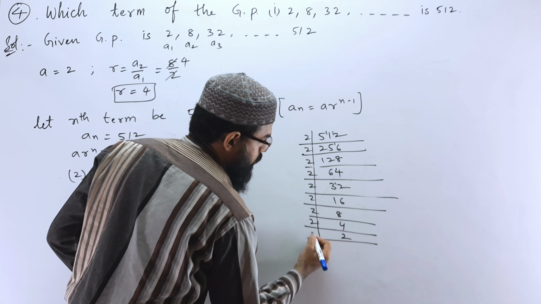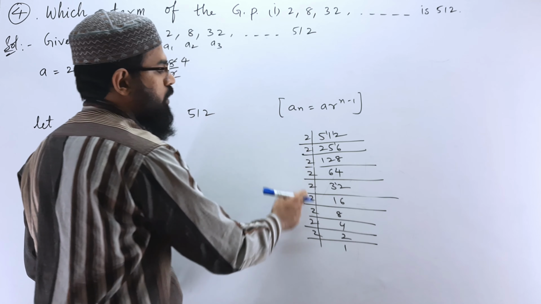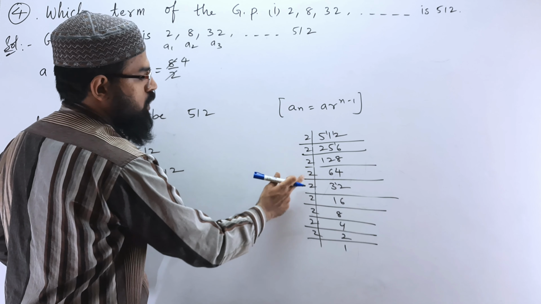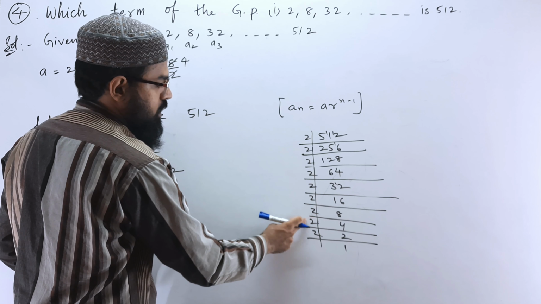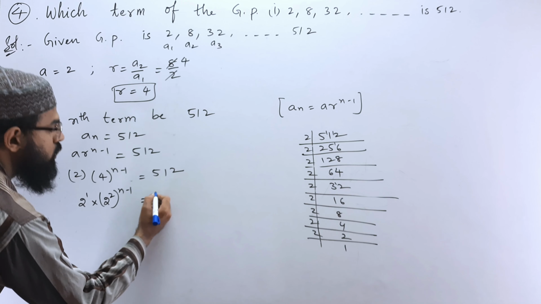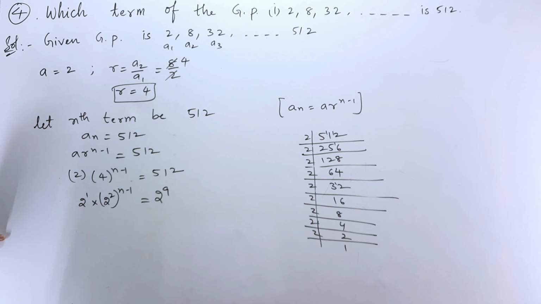So how many 2s are there? 1 2 3 4 5 6 7 8 9. 9 2s are there. So 2 to the power of 9.